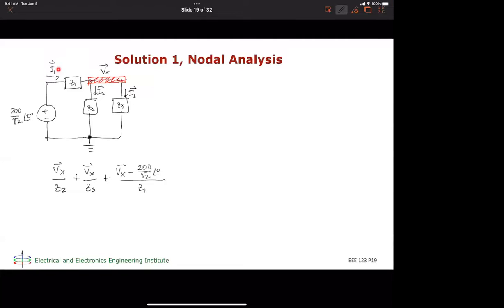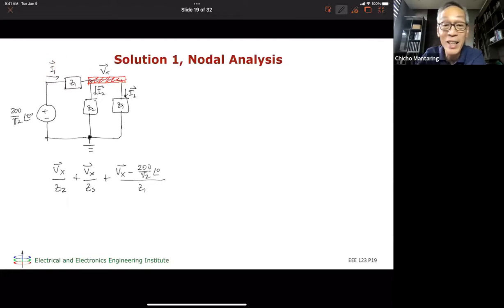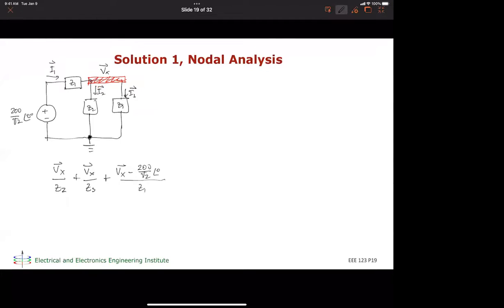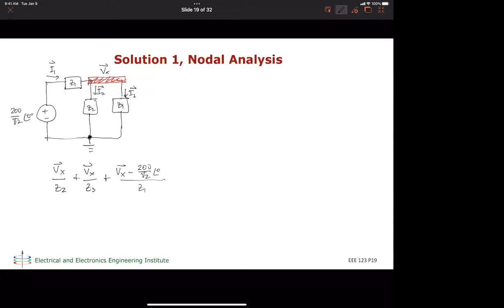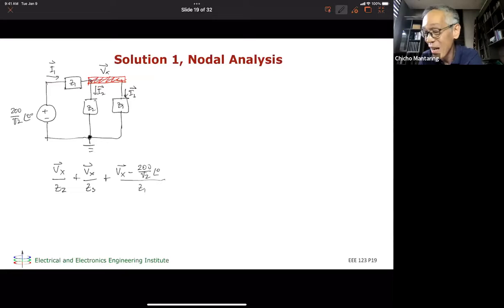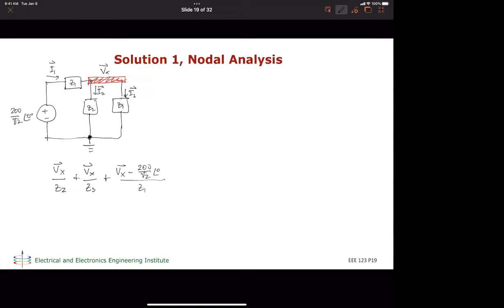Forget first about I1, I2, I3. Just apply the KCL here. So the current going to the left is V of X minus 200 over the square root of 2 at an angle 0 over Z1. Do you see it? Okay. So this is now equal to 0.